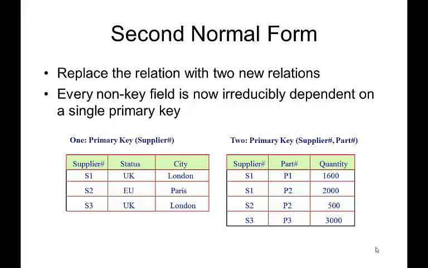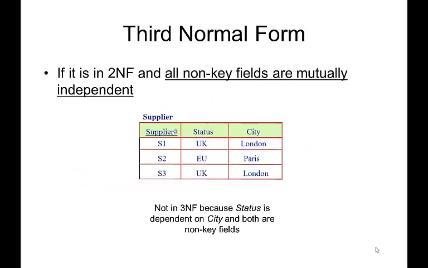We can also look at the second table here. Quantity is dependent both on the supplier and the part number, so that's good. If the quantity is irreducibly an order, you have to order the parts from a supplier. So these are irreducibly dependent on the two-field composite primary key here. City and status are irreducibly dependent on the single primary key field supplier number in there. Great, second normal form, done.